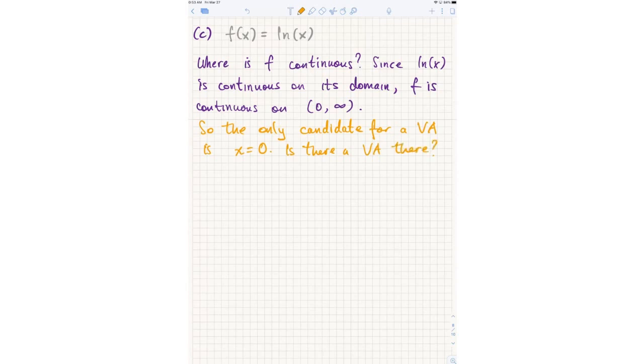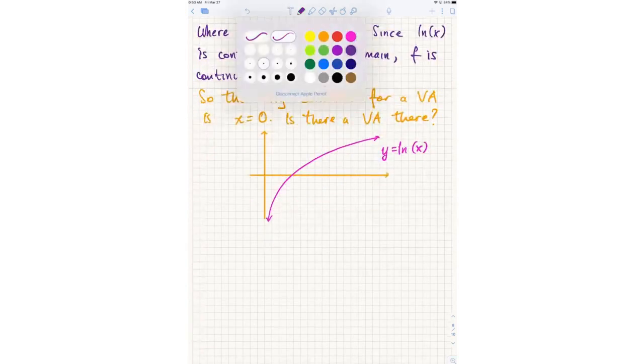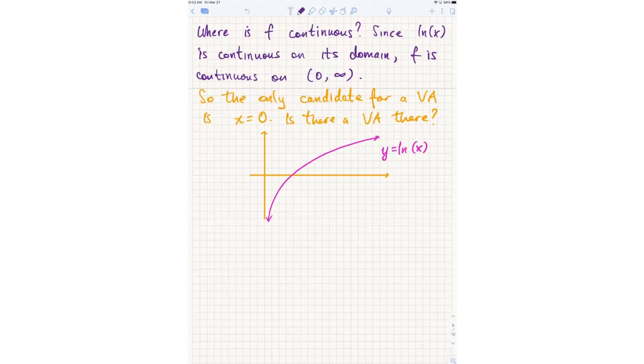Well, now this is something that you can't really prove analytically; this is something you kind of just have to know. But we all are very familiar with the graph of ln of x. So we all know this graph.